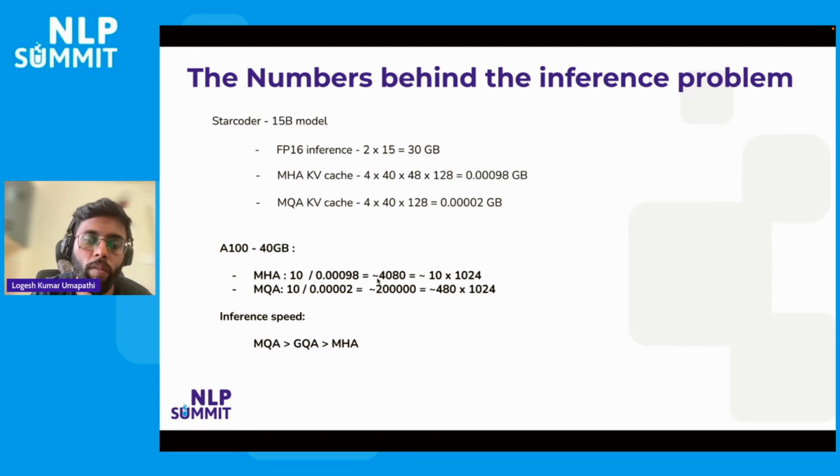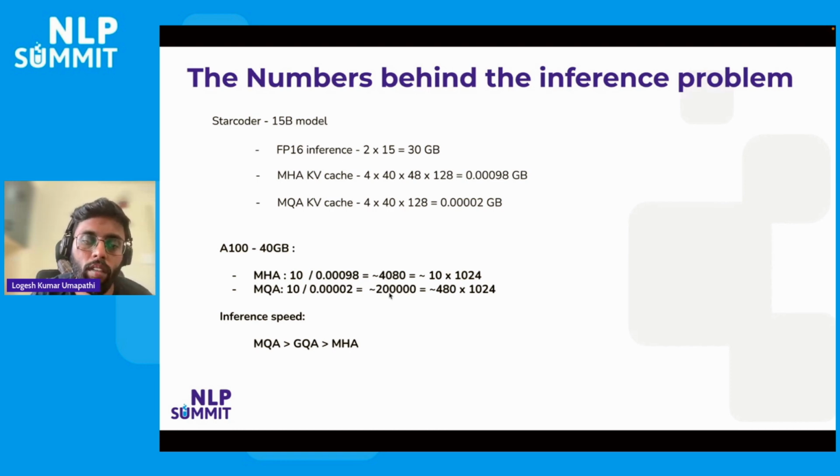So in essence, we would be able to generate approximately 4,000 tokens, and if you convert that to a batch of 1,024 tokens, it would be somewhere around 10 sequences per batch. And for multi-query attention, you can generate that many tokens multiplied by the number of heads that we have here.